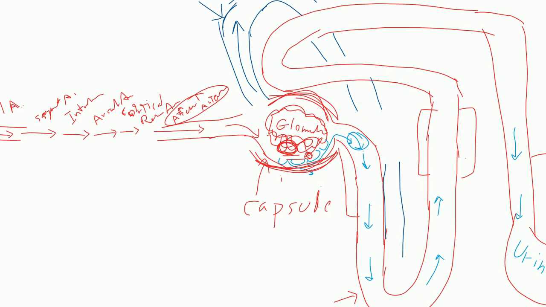All right, that's a little bit better. Cool. So as your efferent continues forward, it will come very close, literally right next to your loop of Henry, your proximal convoluted tubule, and also continue right next to your distal convoluted tubule as well.